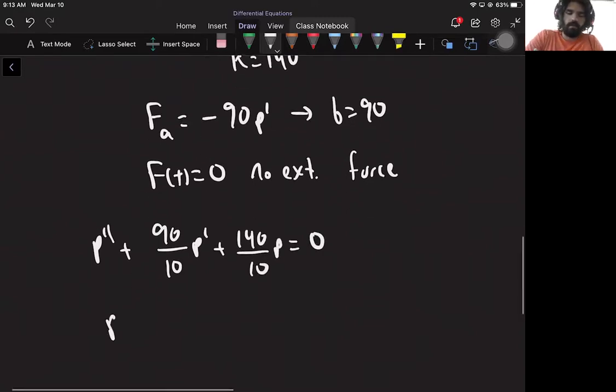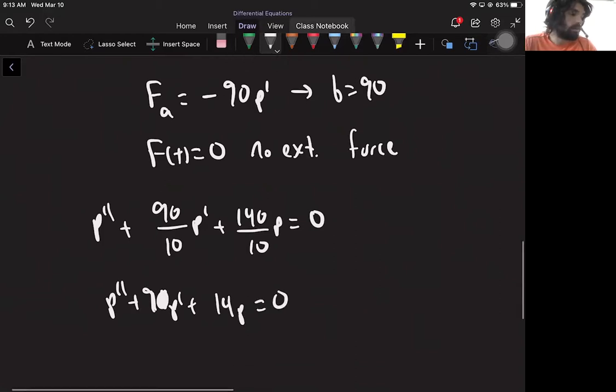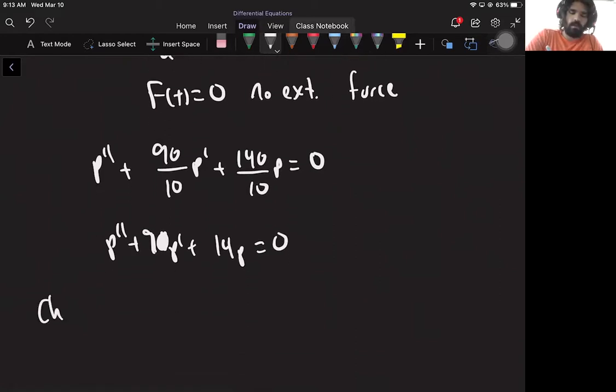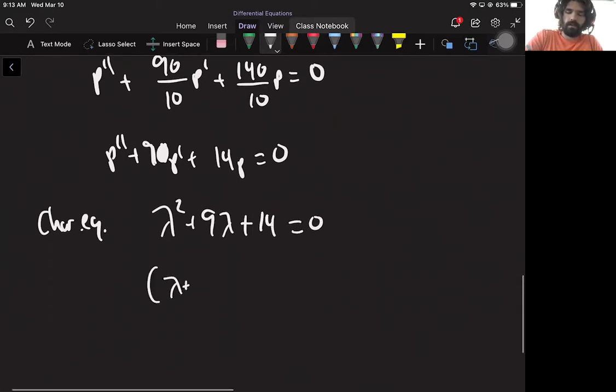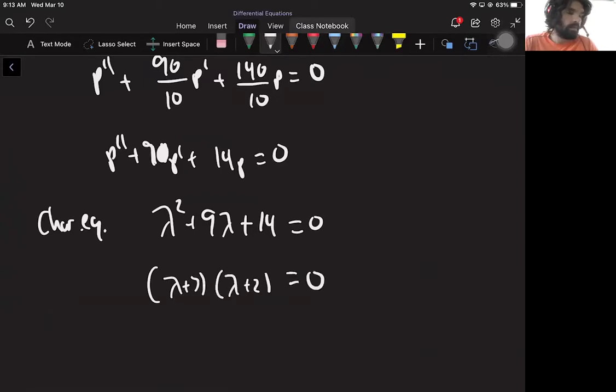Okay, so now we're down to a linear differential equation with constant coefficients, which we can solve using the characteristic equation. Lots of practice doing this. And this one I've made nice and easy to factor. So it's going to be lambda plus 7, lambda plus 2 equals 0.